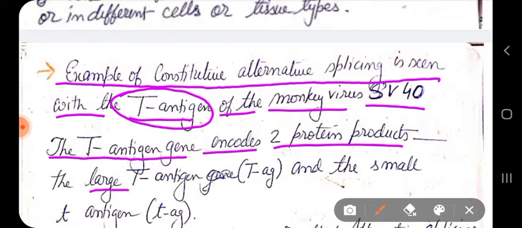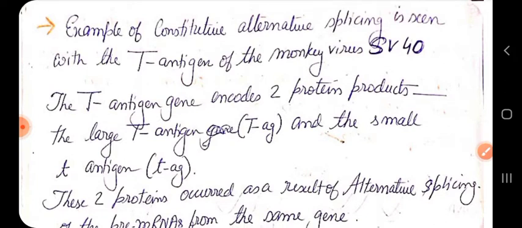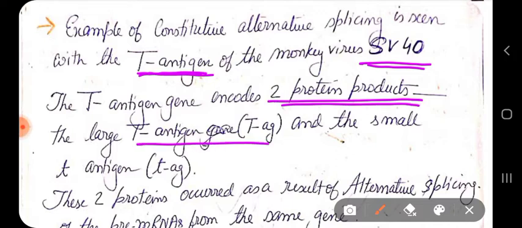One is called large T antigen, that is capital T Ag, and the other is the small T antigen, small t Ag. So the T antigen of SV40 has two protein products, two isoforms of the protein.